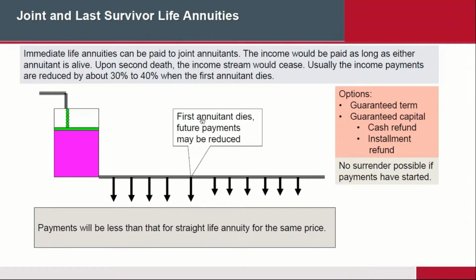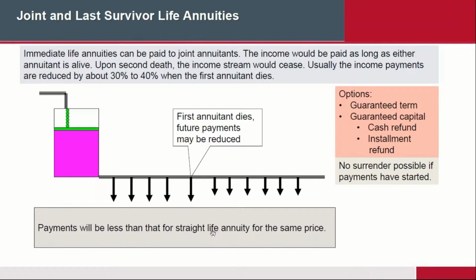Okay, so joint last to die with survivor benefit basically says that two people are under the contract. The first person dies, the second person continues on getting an income. Yes, it'll be lesser, but still it will pay for the rest of your life. Okay, so obviously because it's joint last survivor, the payments will be less than a straight life annuity. See, in a straight life annuity, we only had one life to worry about.